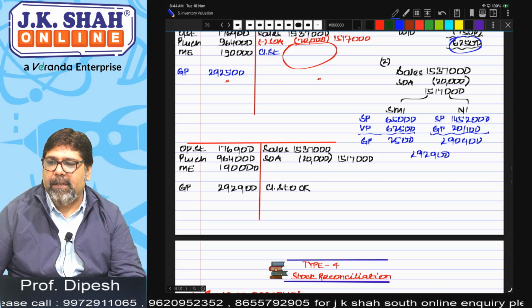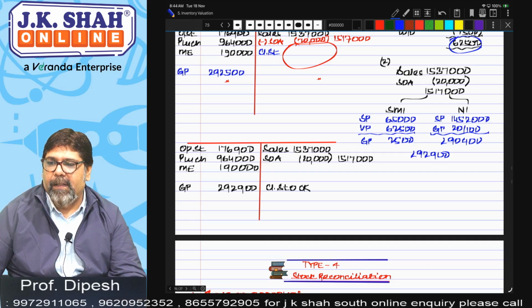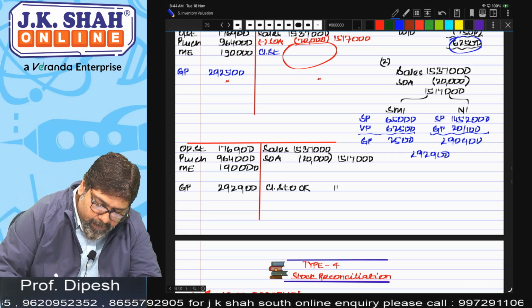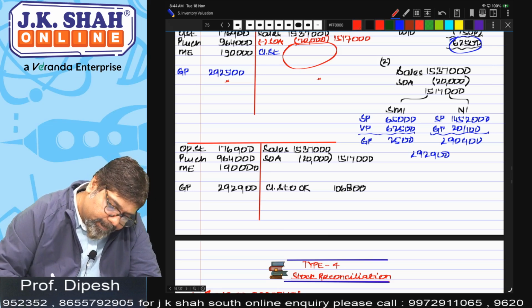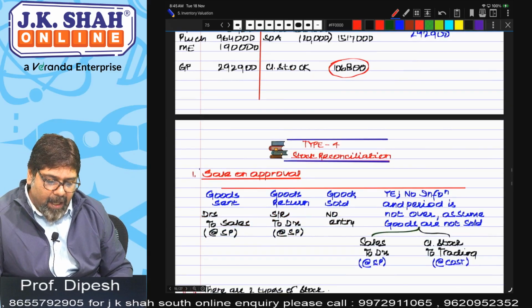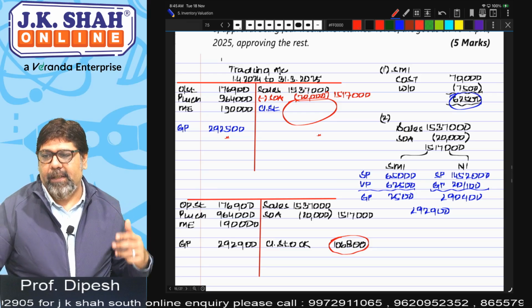Yeah, earlier I had written gross profit, a wrong figure. So you get closing stock as 1,06,800. Correct.